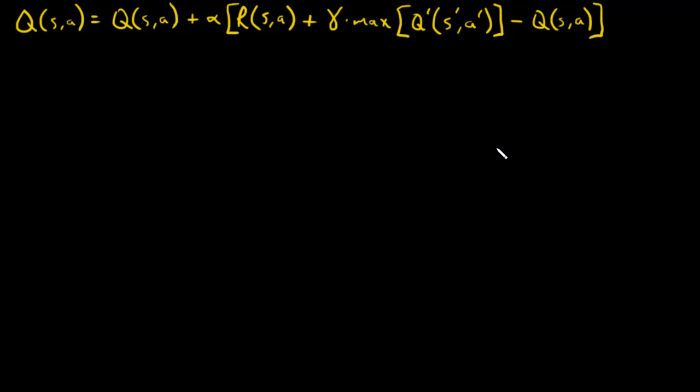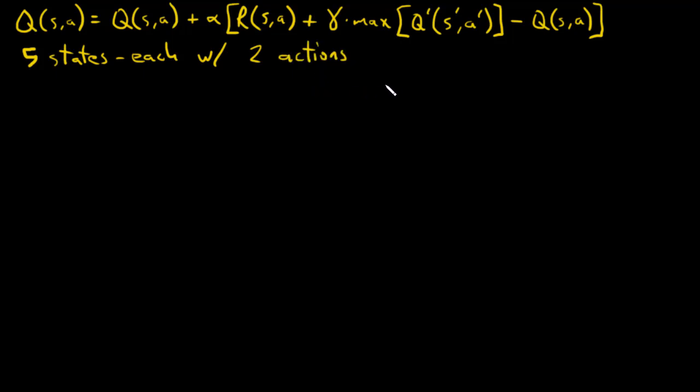So now let's break everything down with an example. We're going to start off, let's say that we have 5 states, each with 2 possible actions.